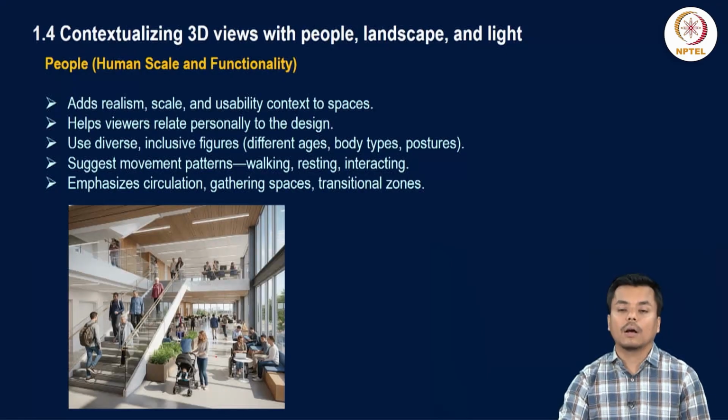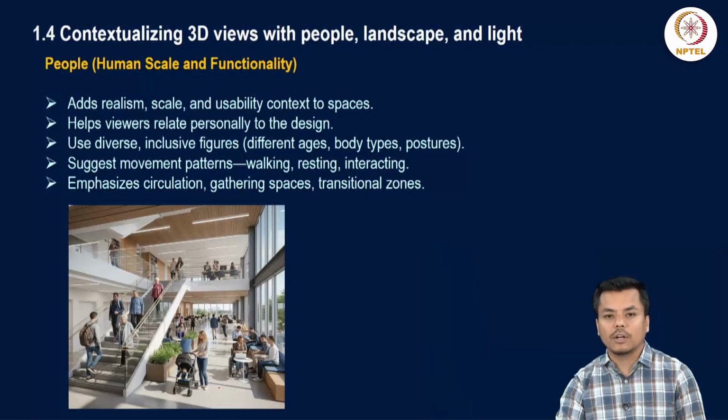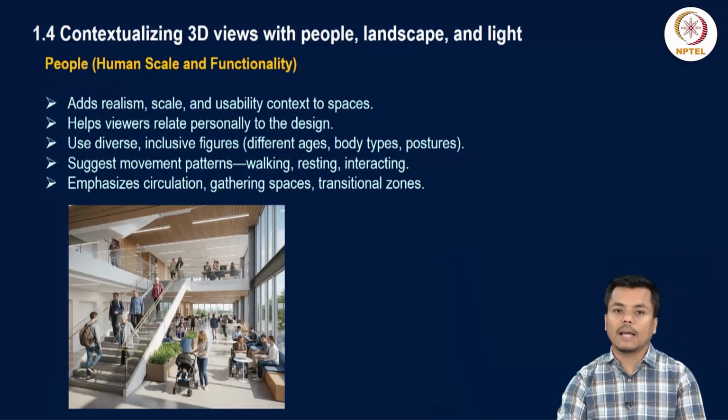But if you add these different types of users in your design, especially in your 3D views, then you may reflect on the issues, like you should have thought of ramps, you should have thought of incorporating lifts into your design, so that all different user groups are addressed, or your design is more inclusive in nature. So use diverse inclusive figures.